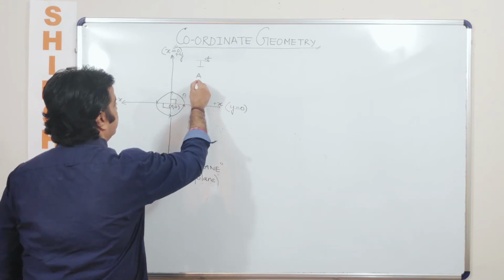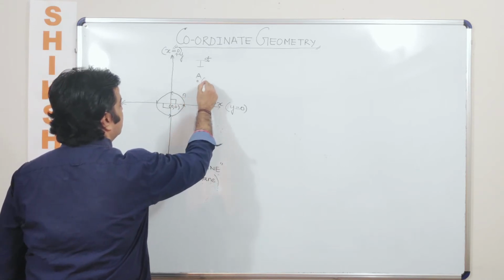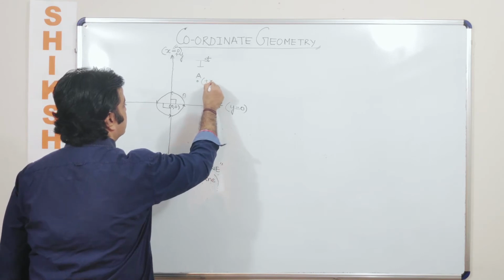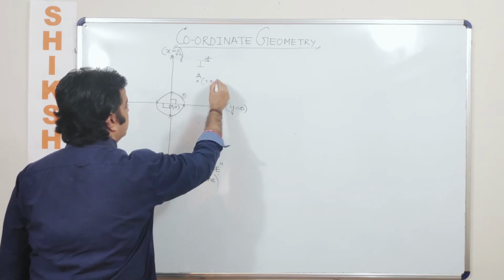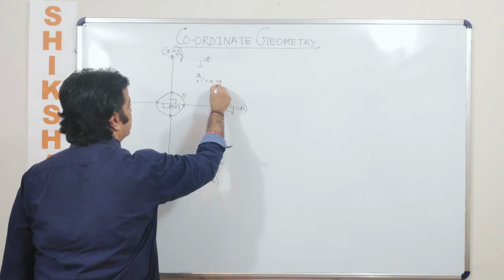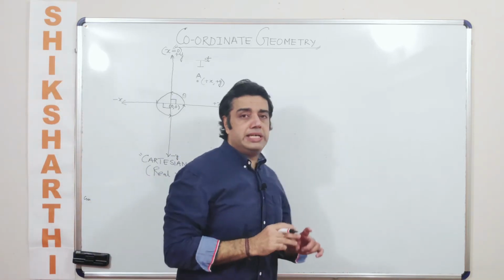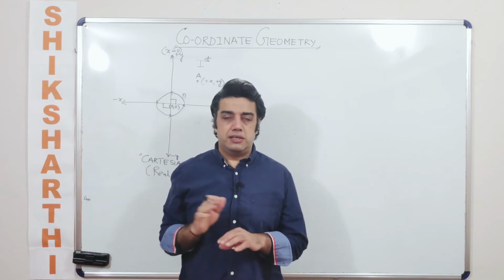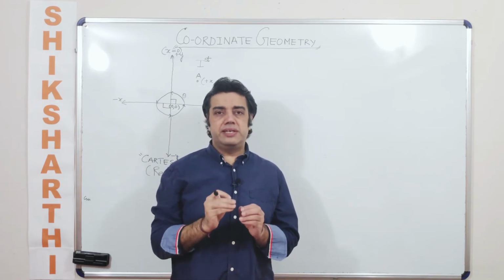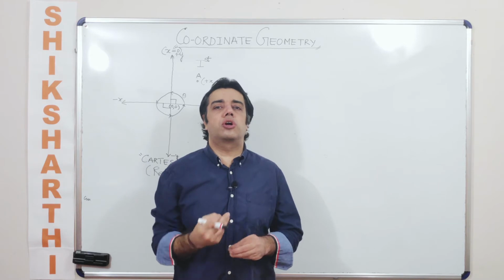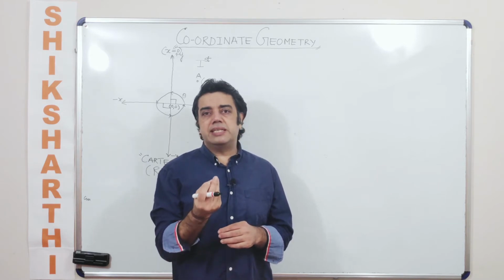So in the first quadrant, if I take this point A, I know that the x coordinate is positive and the y coordinate is also positive. Now the x coordinate is known as abscissa. This is a mathematical jargon when you start giving them technical names.